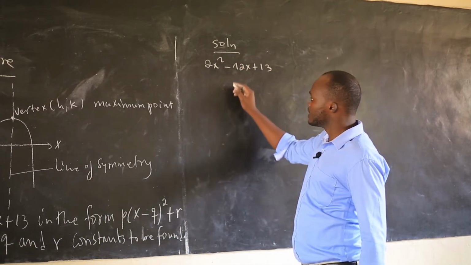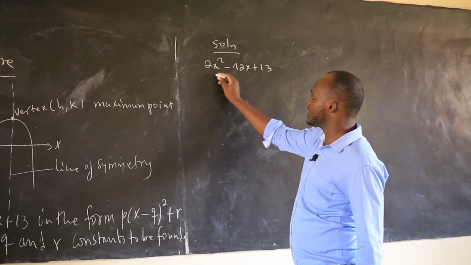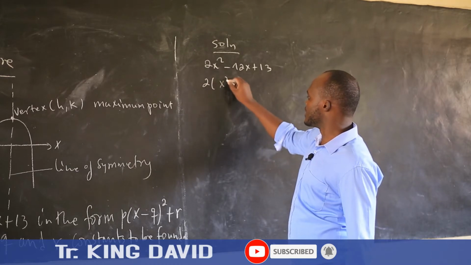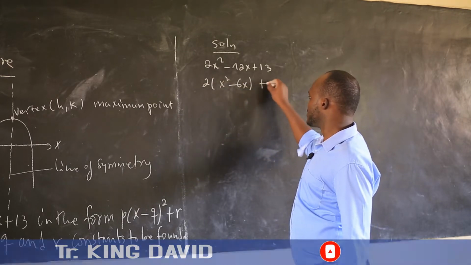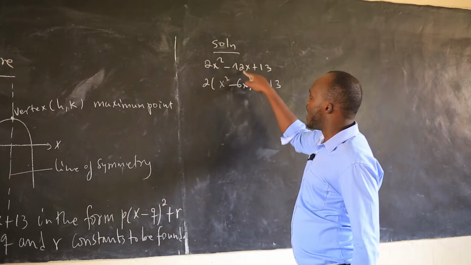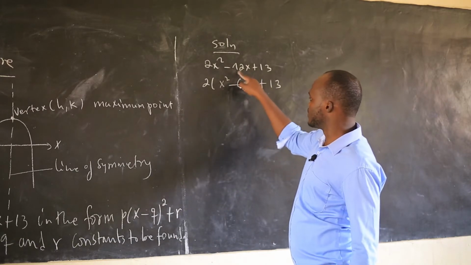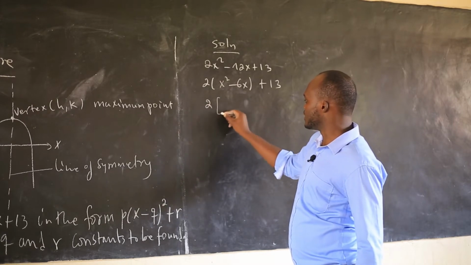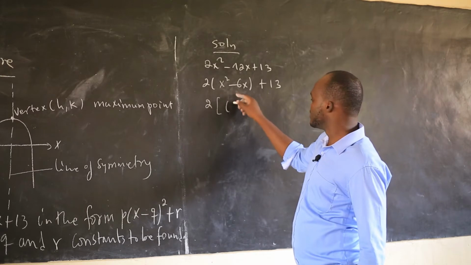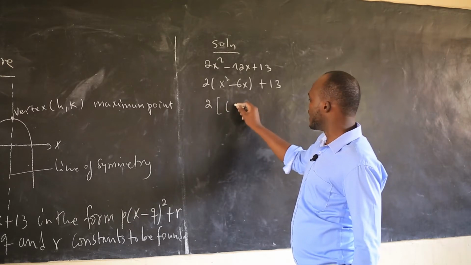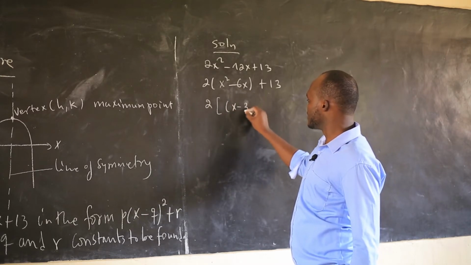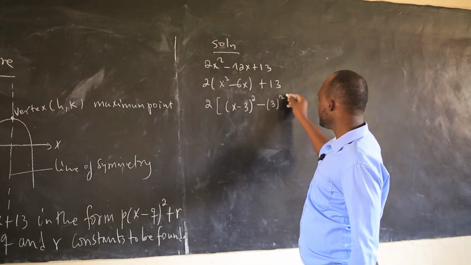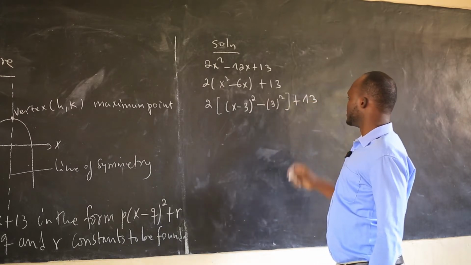We have there 2x squared minus 12x plus 13. We need to express that in this form. So what do we do? The way we start, we make sure that the coefficient of x squared is 1. So we take 2 out of the bracket, remain with x squared minus 6x, then plus 13. A half of 12 is 6, so we get negative 6x. So this is 2, then into bracket we complete the square of that one, that is x minus a half of this, 3, squared, minus 3 squared, then plus 13.